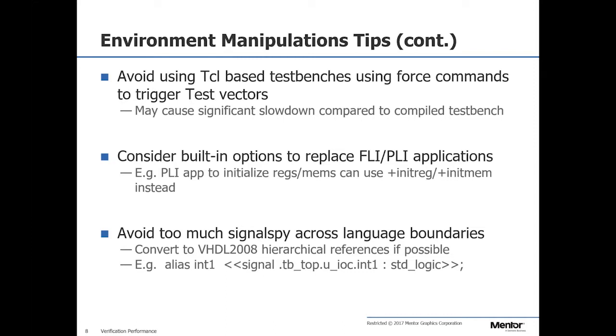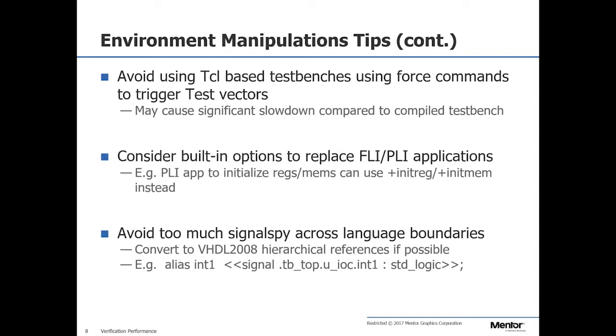If you have any C code in your design, if you're bringing in C algorithms, I would say use the DPI versus the FLI or PLI, and limit that C code as much as possible, because that can be a simulation bottleneck.